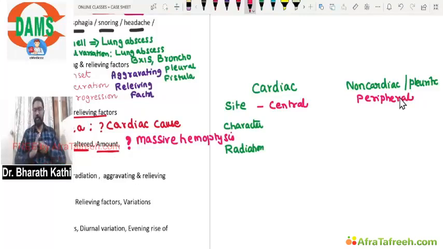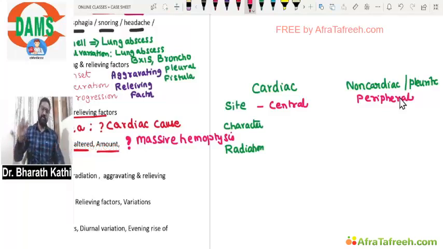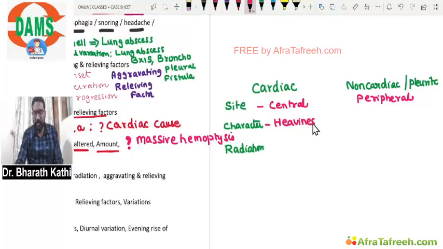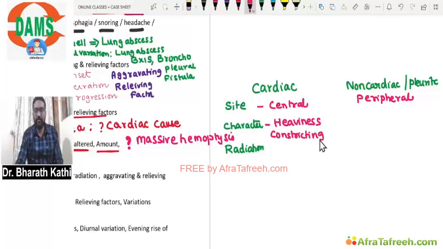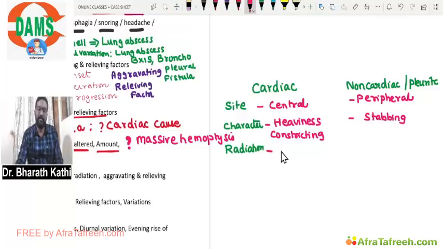He cannot actually localize the pain. Whereas in pleuritic chest pain, the patient will point with his finger, so it is easily localized. Cardiac pain is described as heaviness, constricting. Pleuritic is more of stabbing chest pain.